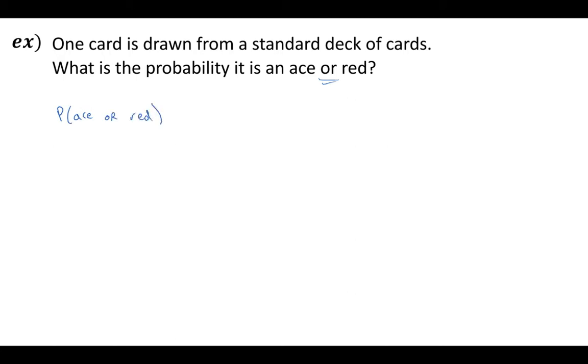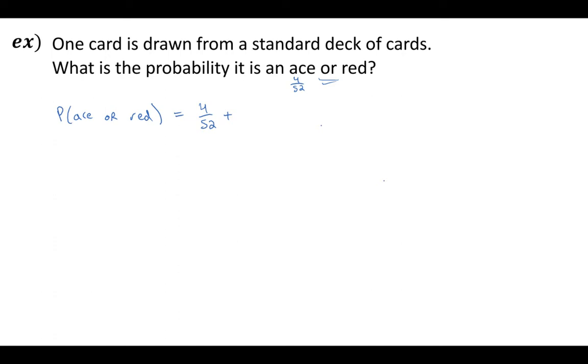Hopefully you remember a little bit about how many cards of different suits and stuff there are. So the probability of getting an ace, first of all, think about how many aces there are. Well, there is 4 aces out of 52 cards. So it'd be 4 out of 52 plus a red card. Think about how many red cards there are. Well, there's 13 diamonds, 13 hearts.